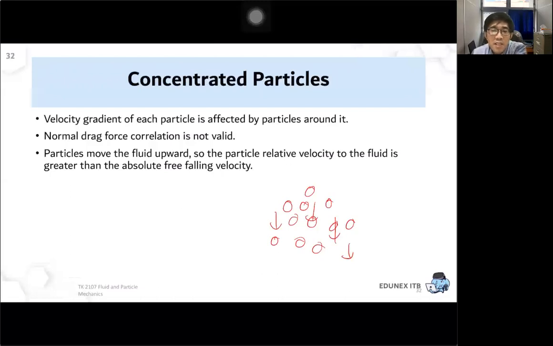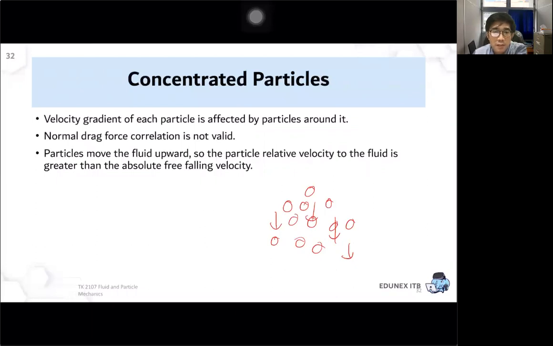Since there is some interaction between particles, the velocity gradient of each particle will be different. The time when each particle reaches terminal velocity will also be different.